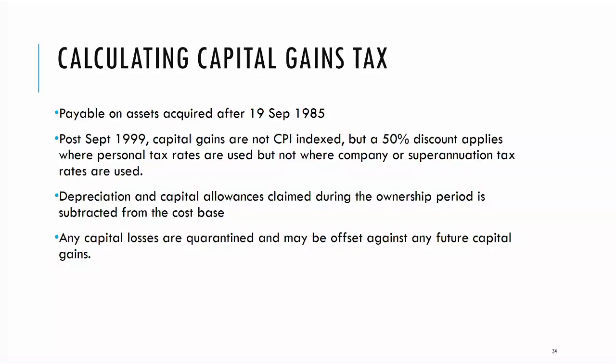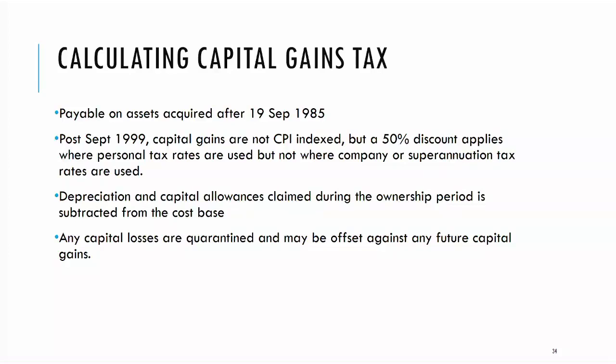Any capital losses are quarantined and may be offset against future capital gains. If you didn't earn any capital gain, you bought it for 1 million and sold it for 900,000, it's a capital loss. You can carry it forward to future years to set off against other capital gains in your portfolio. You don't have to pay tax.